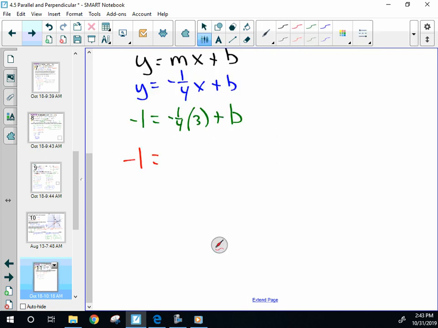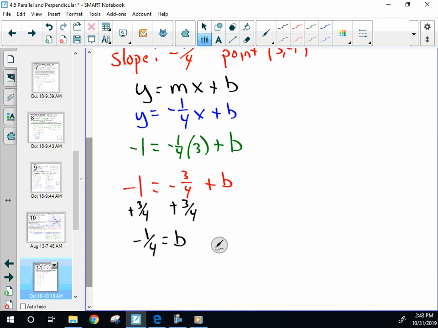Negative 1 equals negative 1/4 times 3 is negative 3/4 plus b. I'm going to add 3/4 to both sides. If I add 3/4 to negative 1, I end up with negative 1/4 is b. There's my y-intercept.